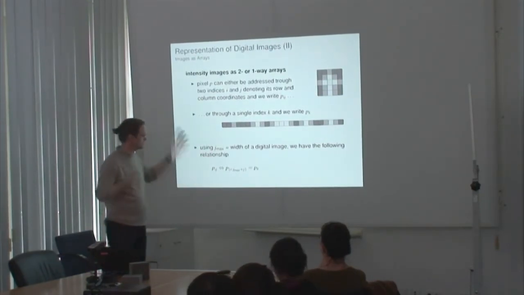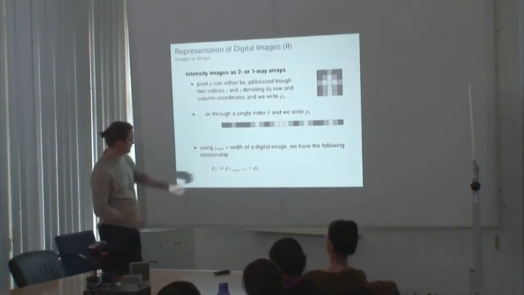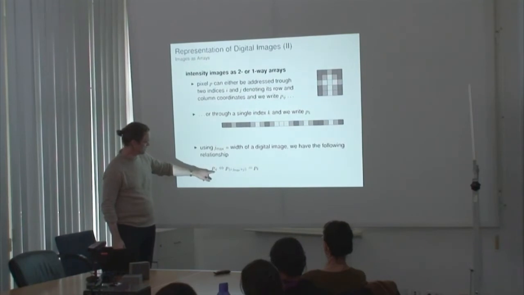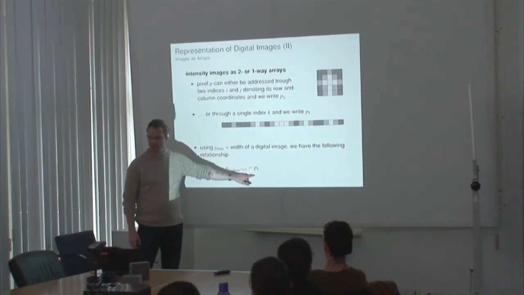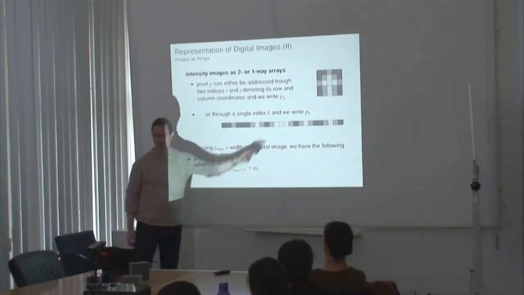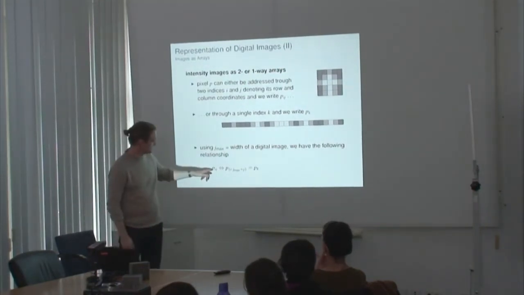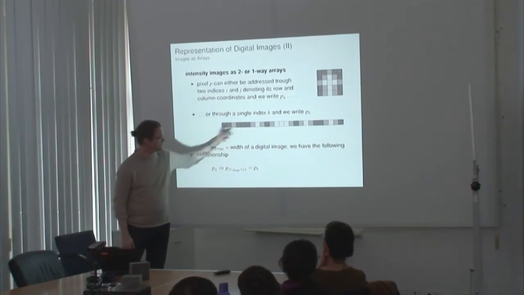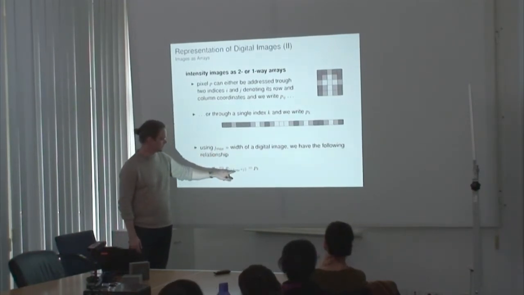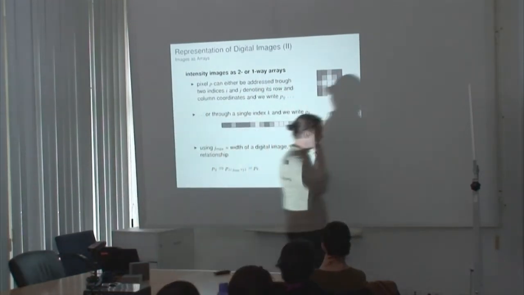I could have called it width, but whatever. If we know that, then given a pixel with its I and j coordinate, we can immediately compute the corresponding k coordinate in this vector. And this is basically the intensity value in this matrix at location I and j is the intensity in this vector at location I times j max plus j.